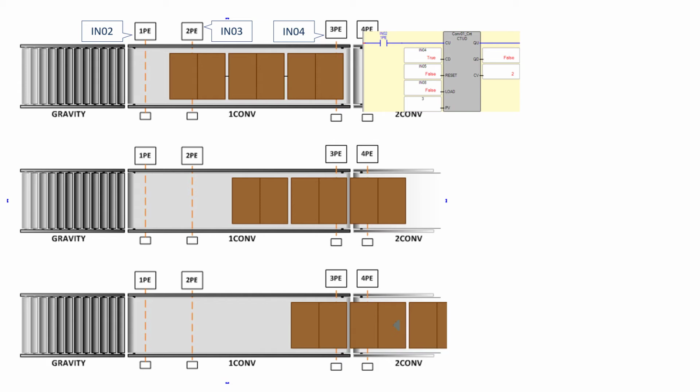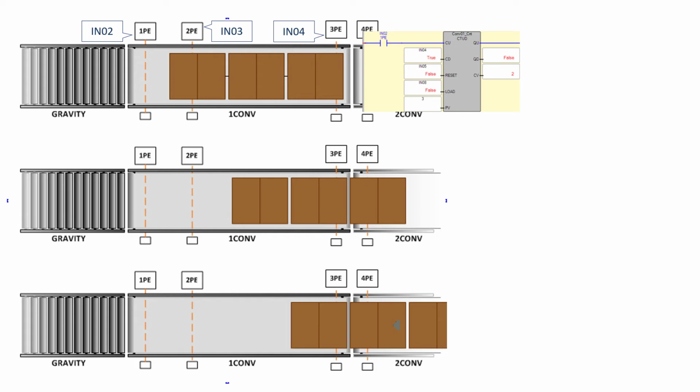So it seems a little odd maybe to you that we have some logic, if you like, feeding into the CU control variable, but not into the CD variable. We just have a field there, and we have a memory location IN04, which we know is photo eye 3.